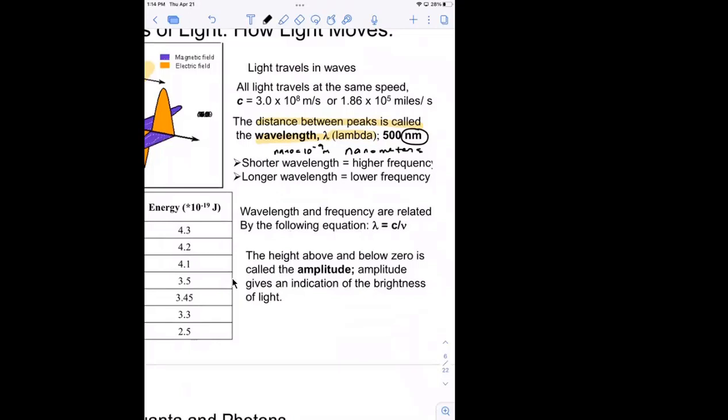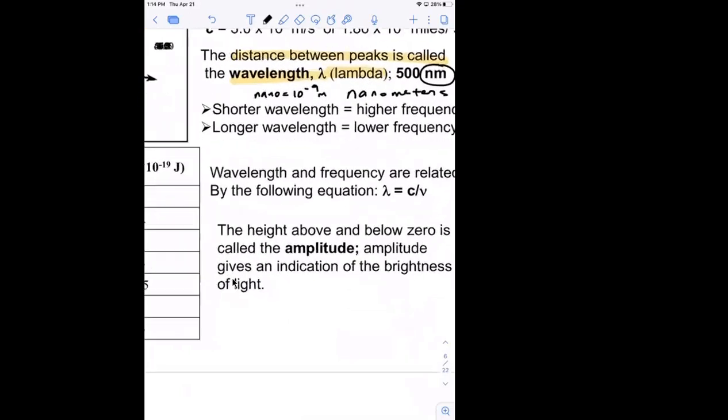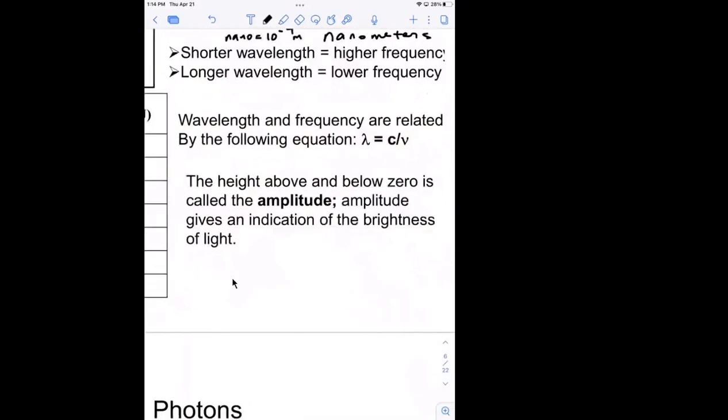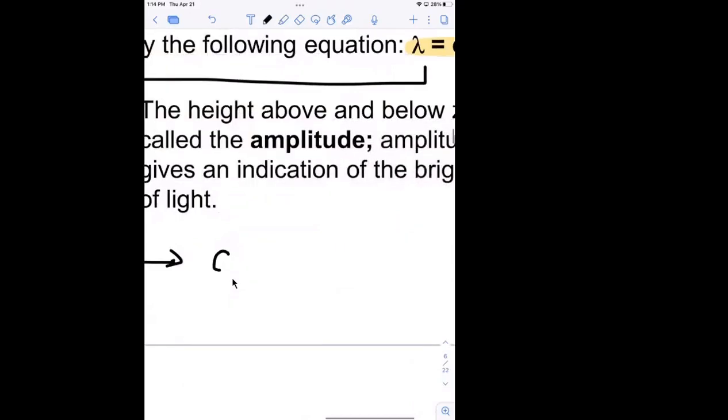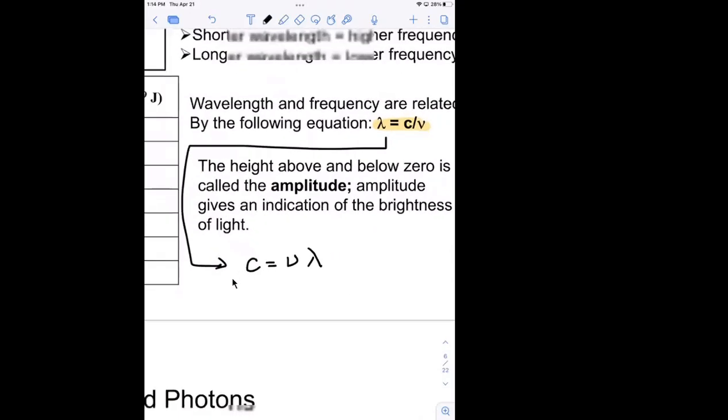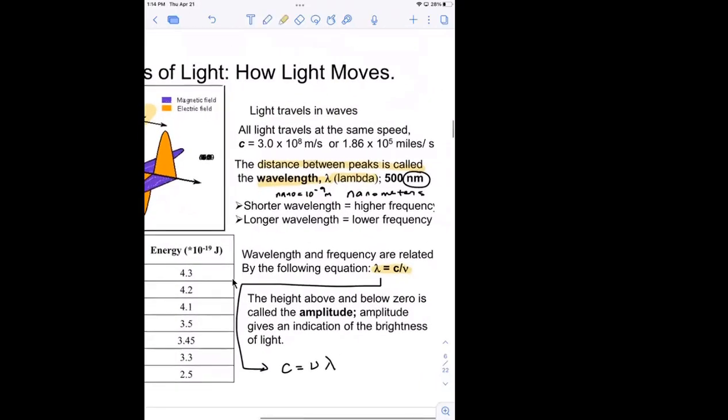So when we think about wavelength and frequency, the way that they go together is using this equation right here, which I'm going to show a little bit differently. So the speed of light, c, is a given number.